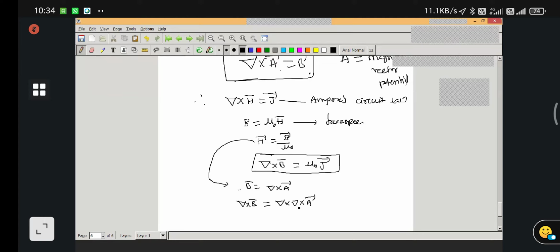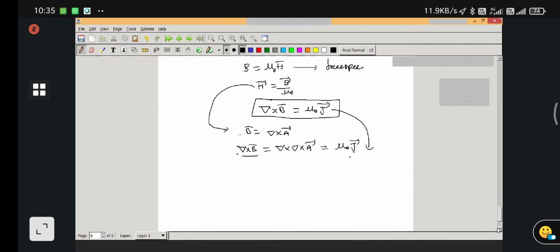The curl of the B vector equals mu naught J.